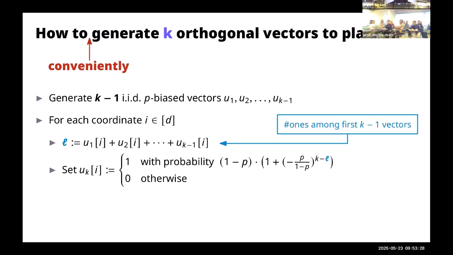So basically, for each coordinate, I compute the number of ones I saw so far on this coordinate, and then this is the correct probability to look at. It has this property that if so far I had all the ones, then at the last vector I won't have a one, so with probability 1 I will get 0.